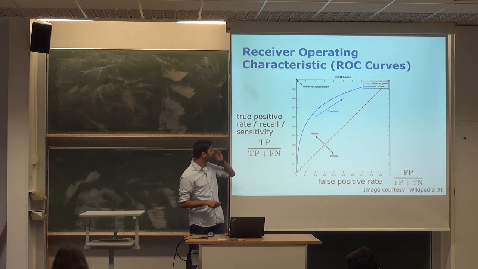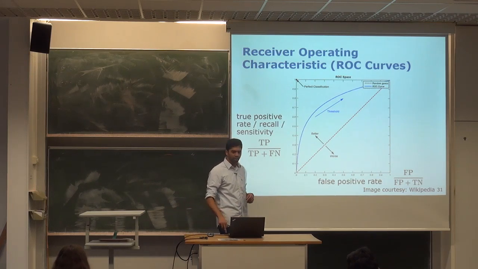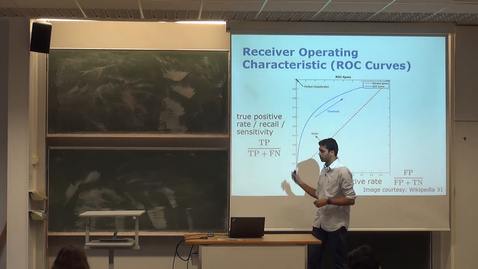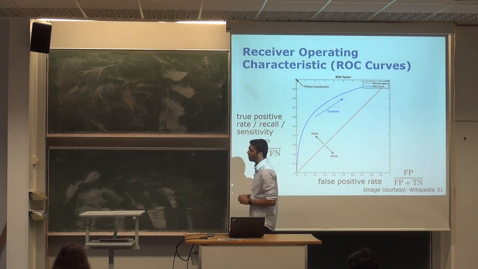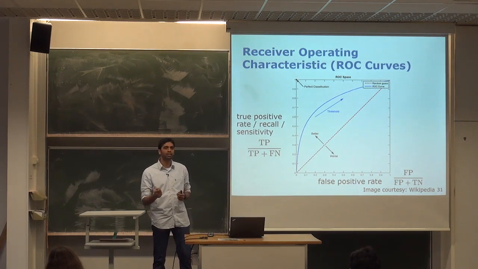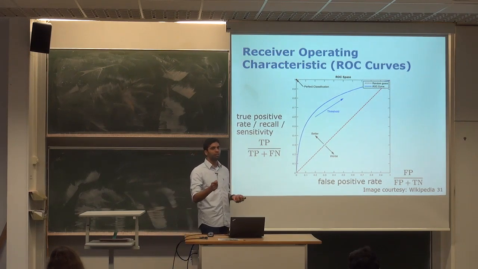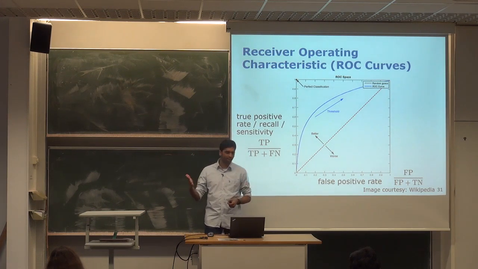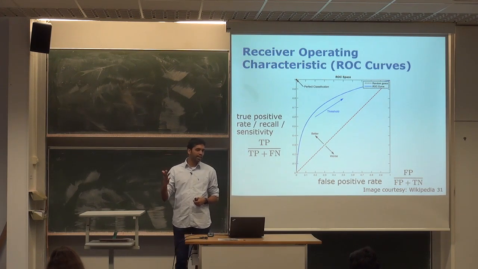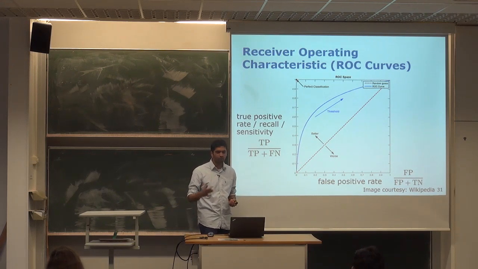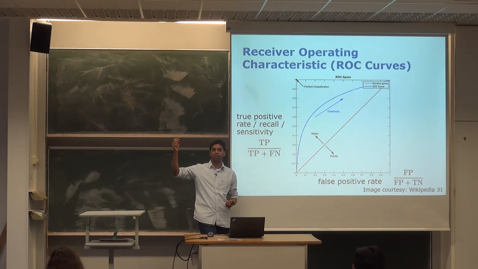So the name is a bit strange, but it comes for historical reasons. It's called receiver operating characteristics because it was first designed to analyze detectors or radar systems which were tasked with finding enemy planes, I guess during World War II. So the idea was, I think the American Army or Navy, whatever, wanted to detect when the Japanese planes were coming.